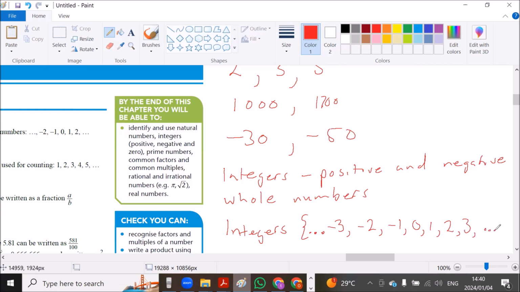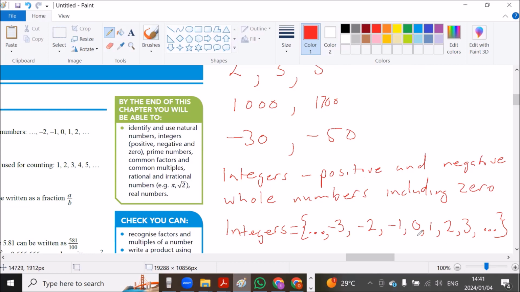Then we put dots also. We must have a comma also here to mean that we're coming way back, and there, comma, it goes on and on. Then we can close the bracket. So we can say integers equal to positive and negative whole numbers, including 0. Okay, so that is integers.